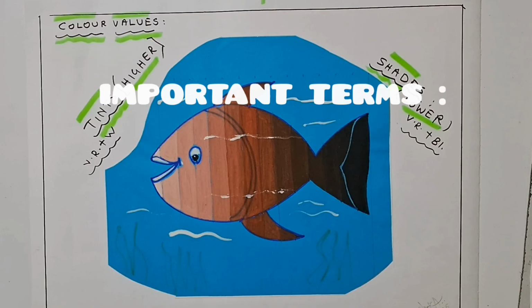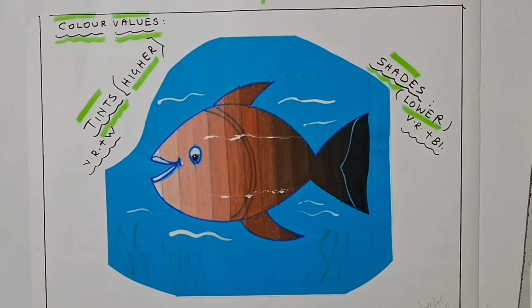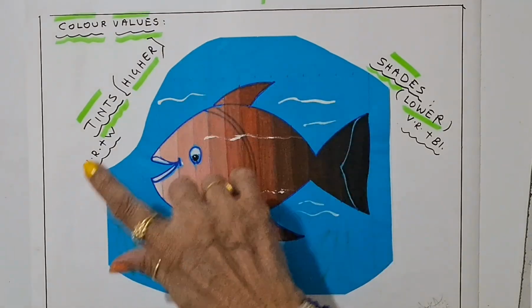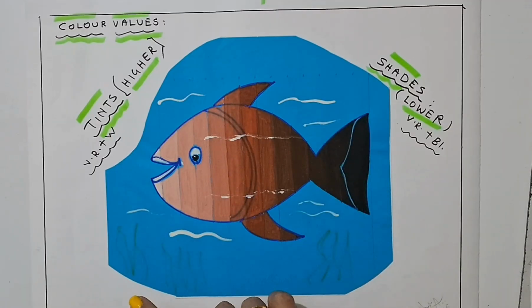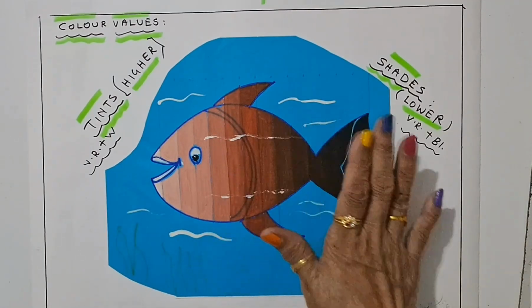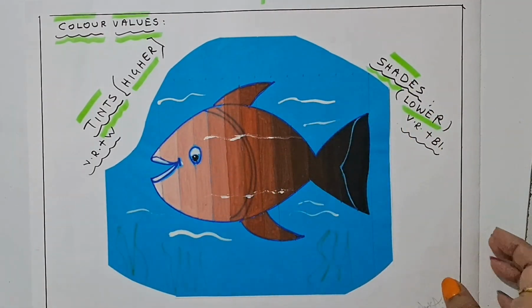Friends, we learnt about important terms on tones, tonal values, tints and shades, chroma, hue and color. You may see tints and shades this side, tints creating high key and then shades creating low keys.